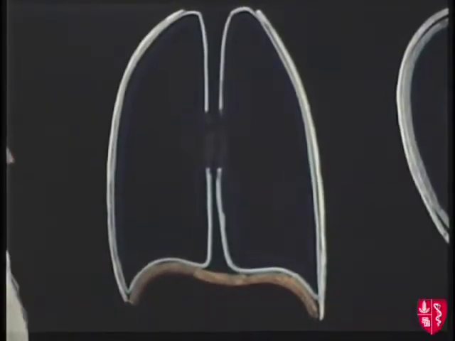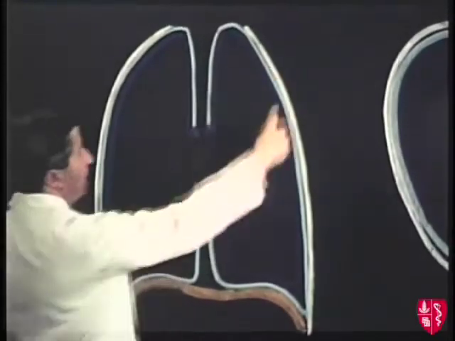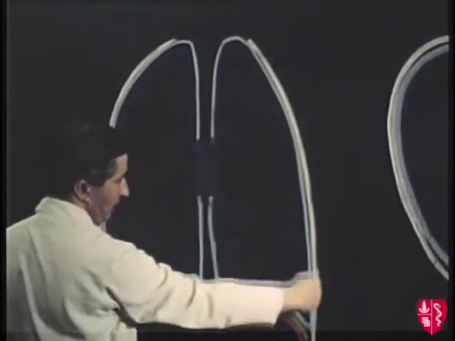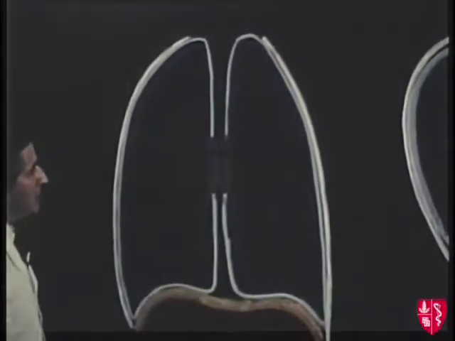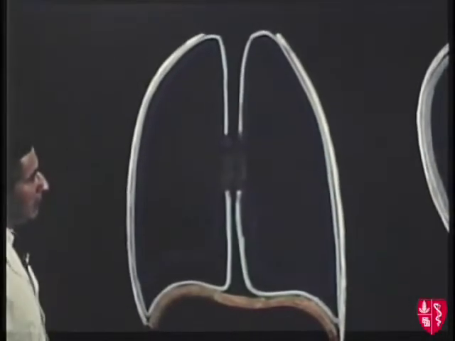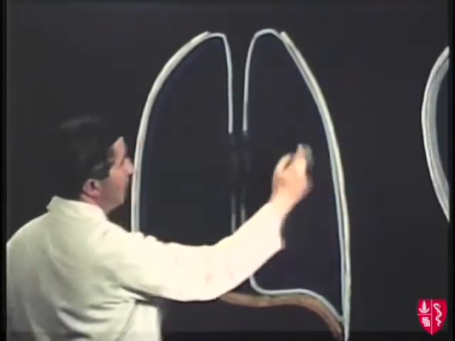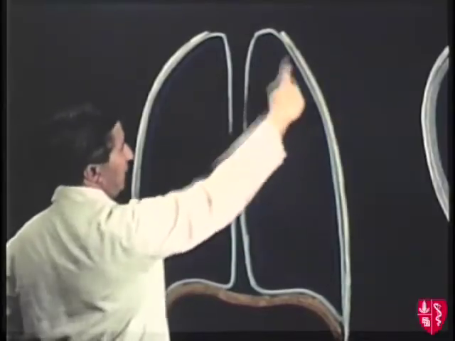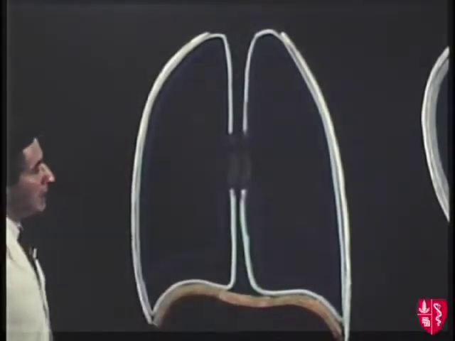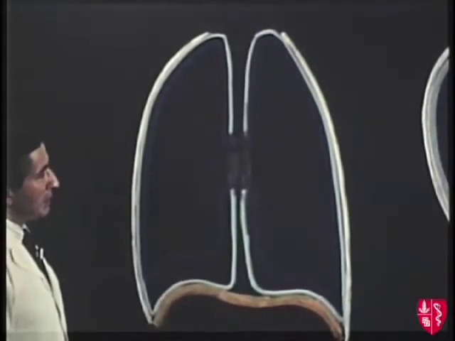Another point I wish to emphasize is the fact that the parietal pleura, the light blue area, is supplied by somatic nerves and therefore is sensitive to pain, temperature, touch, and pressure, whereas the visceral pleura, shown in dark blue, is only sensitive to stretch.